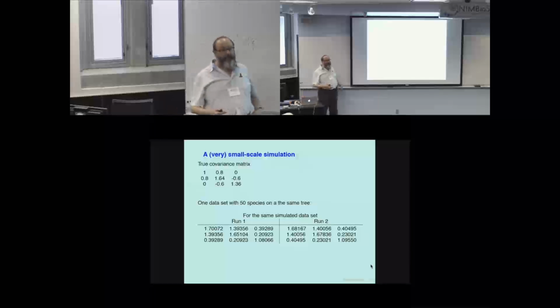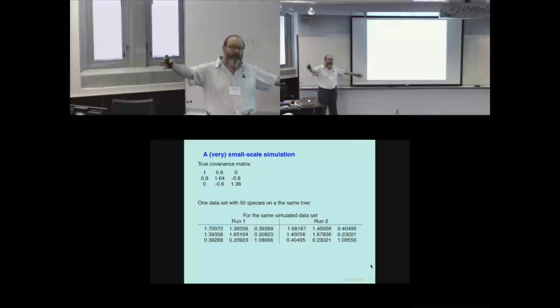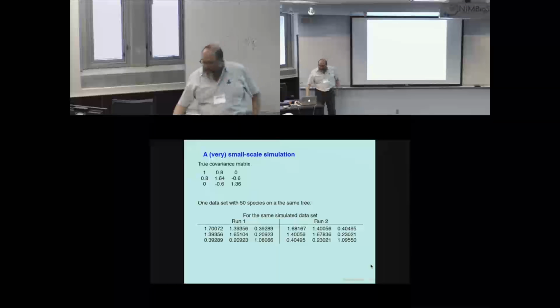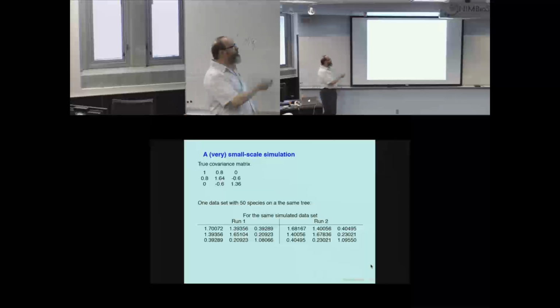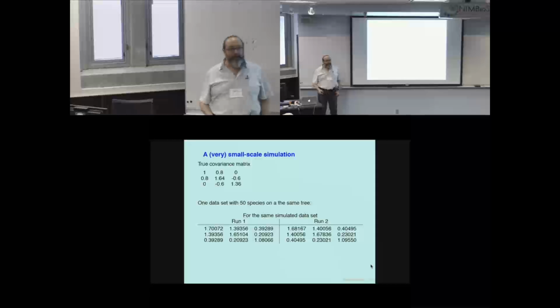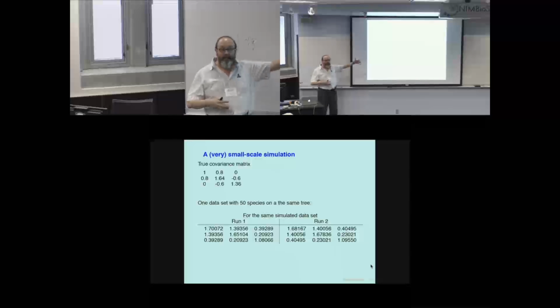Now, if you do that for a whole bunch of trees, for 50 different trees, and for obscure reasons I did it twice on each tree, so we got 100 samples, all simulated with the same covariance matrix, 50 different evolutionary outcomes with that covariance matrix.